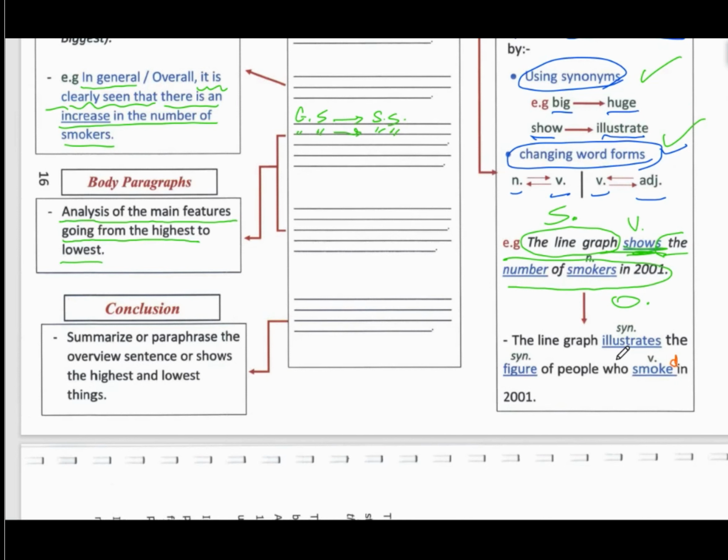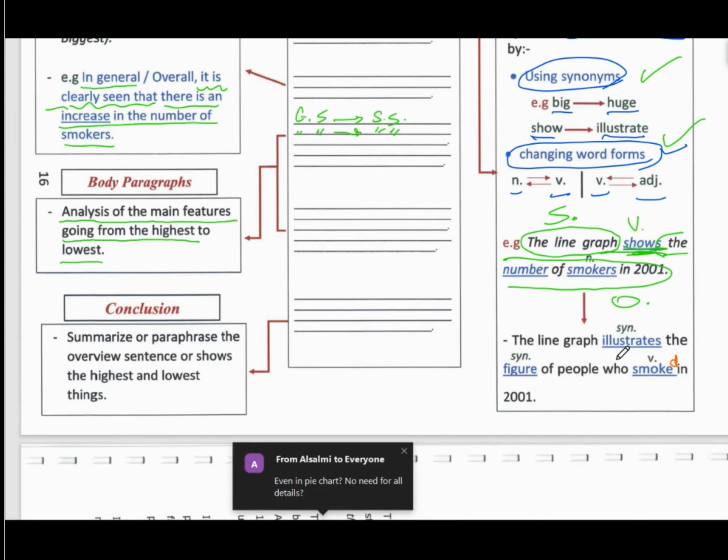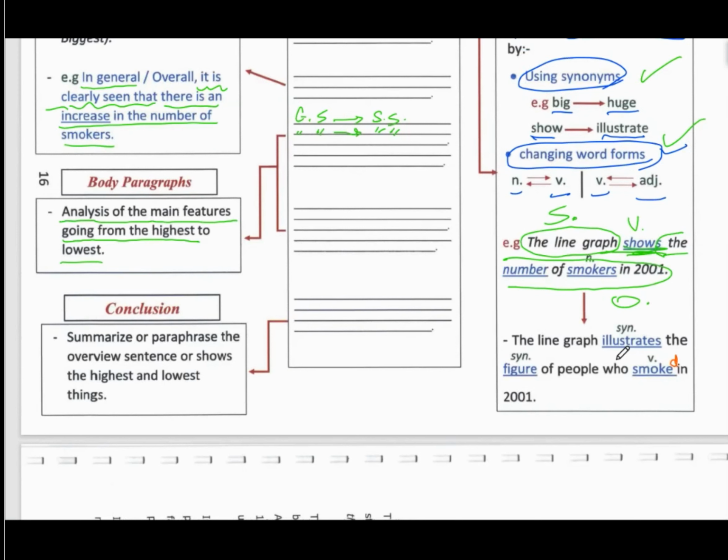You just in general say that there is a sharp increase in the number of passengers, full stop. In the next sentence, the number increases from 10 to 100 people using the train at 8 o'clock. See, there is a specific time and there is a specific number from 10 to 100. That is the specific sentence we call. So you should always start from general to specific, not the opposite. And we will see that in the coming examples.